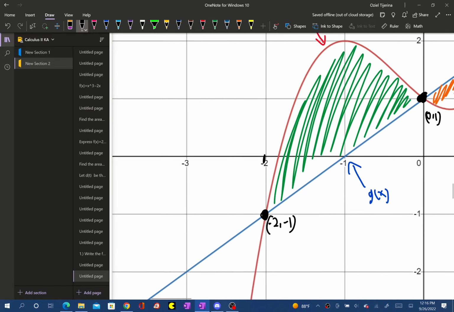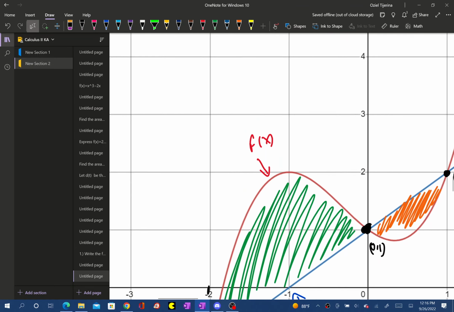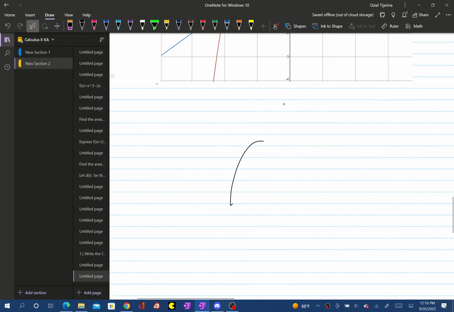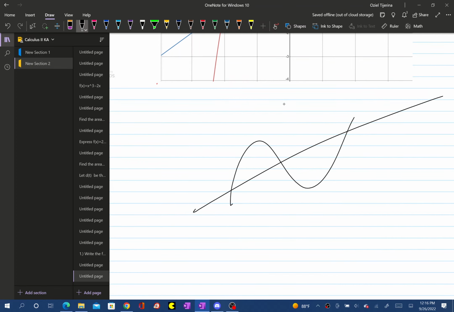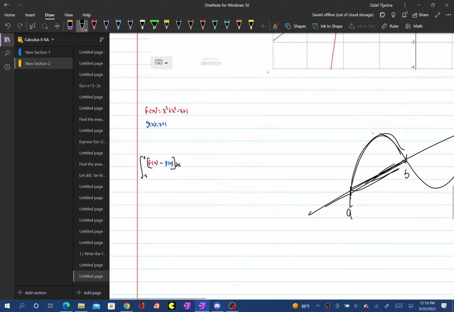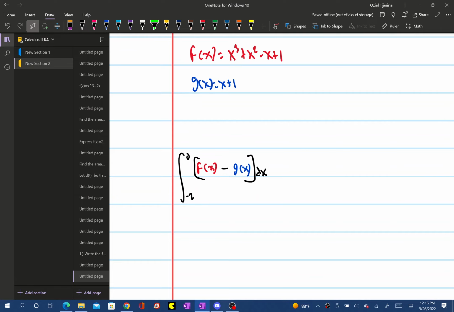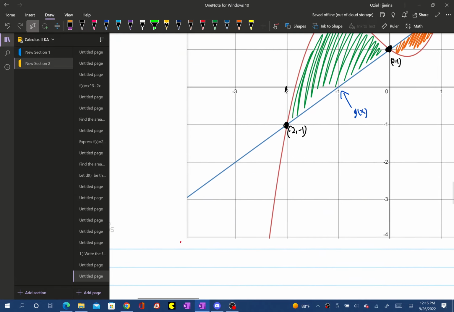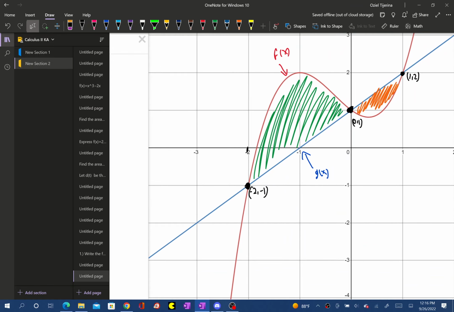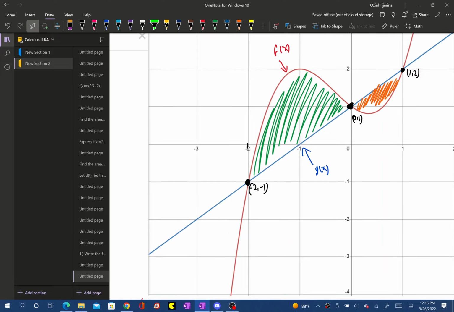Usually in calculus, if you have a function and a line, with a and b, you do the higher function minus the lower function, which is the linear function. So we're going to find the area from -2 to 0 of f of x minus g of x, f of x being the polynomial function and g of x being the linear function.